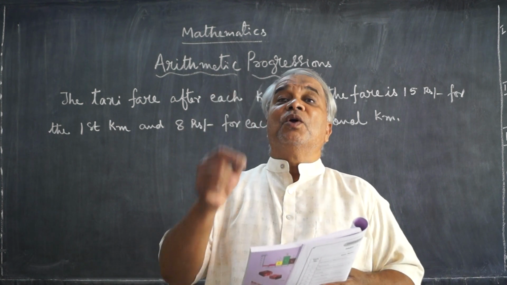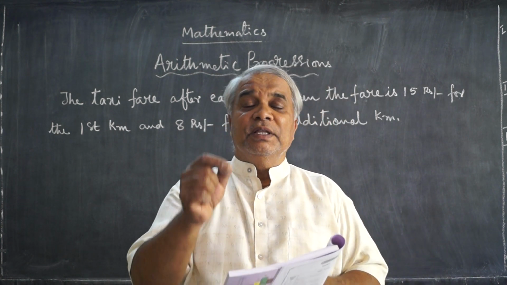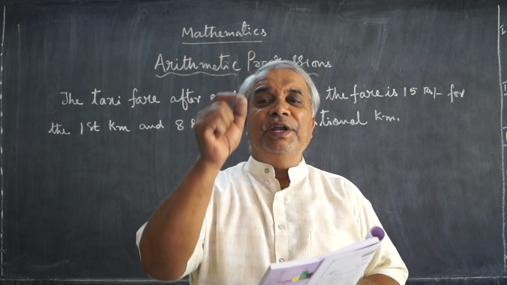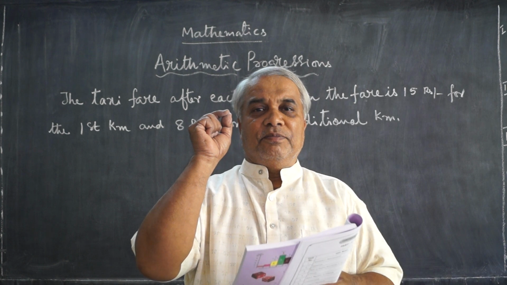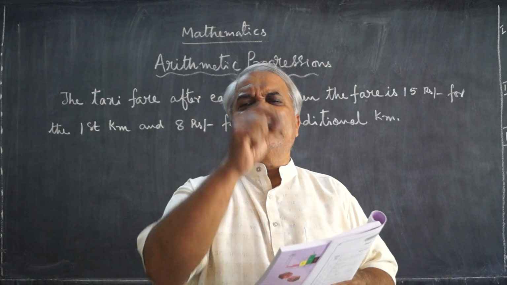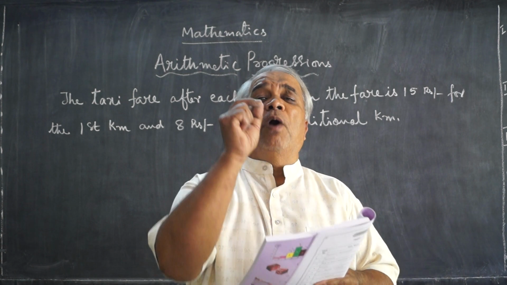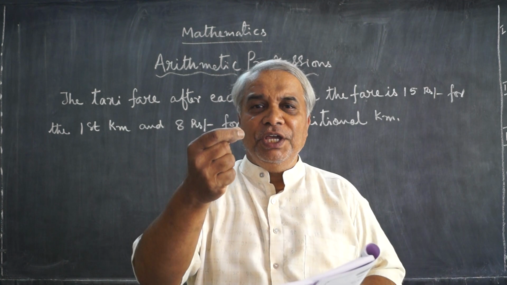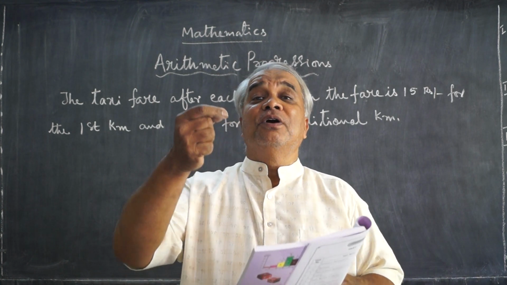So today we are going to learn numbers which we are going to write in a definite order. That is arithmetic progression. Simple example, if you take, I will write 1, next 2, next 3, next 4, 5.